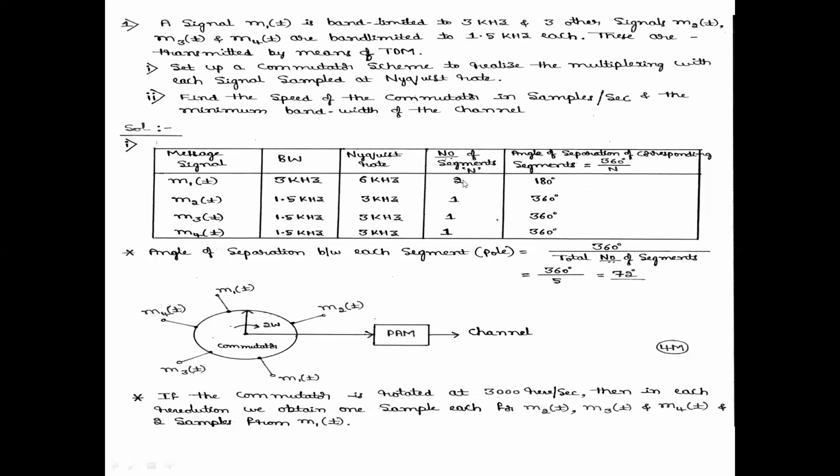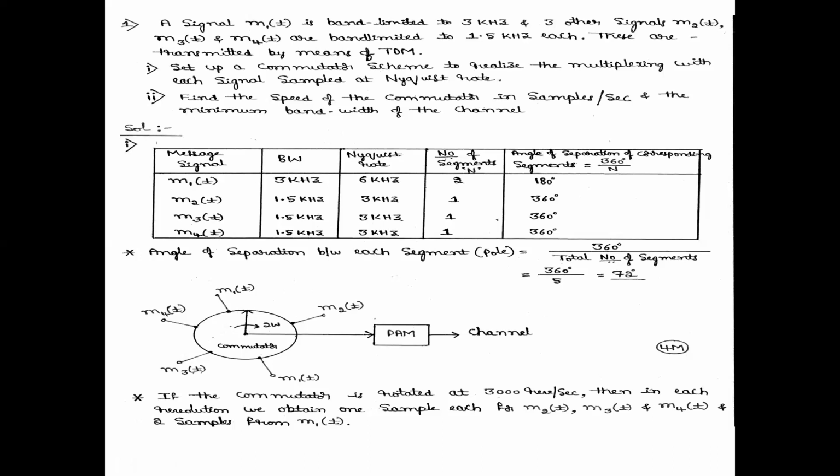It means two segments will appear on the commutator, at the receiving end or the transmitting end, 180 degrees apart from each other. So the commutator takes the signal from M1(t) two times. For the other signals, with one segment, it corresponds to only 360 degrees.